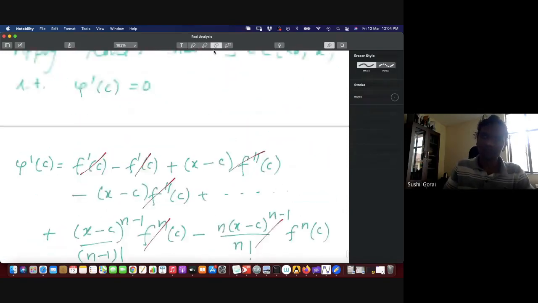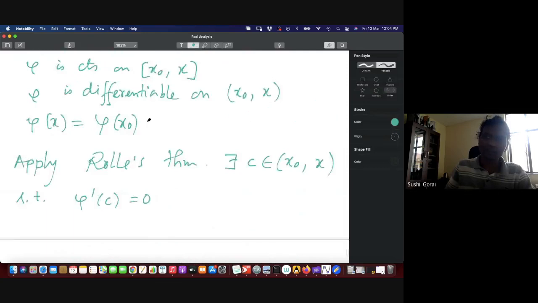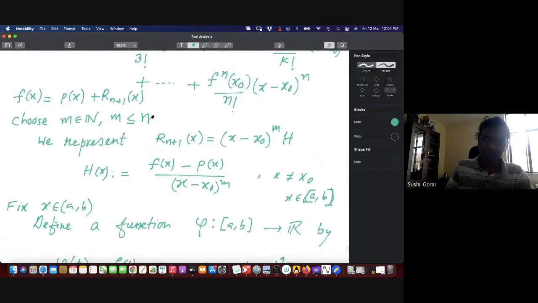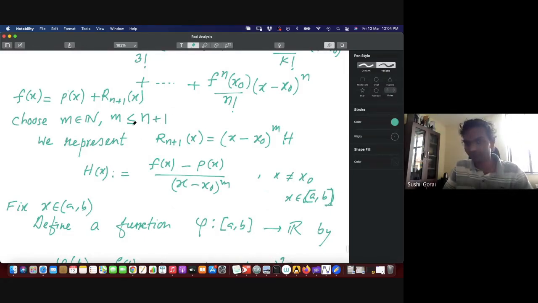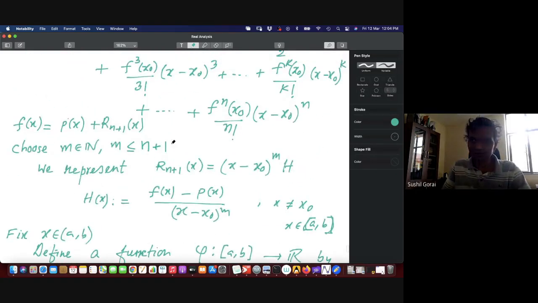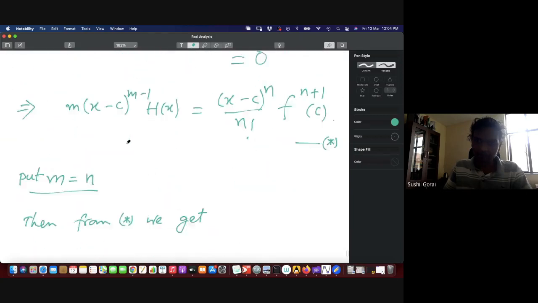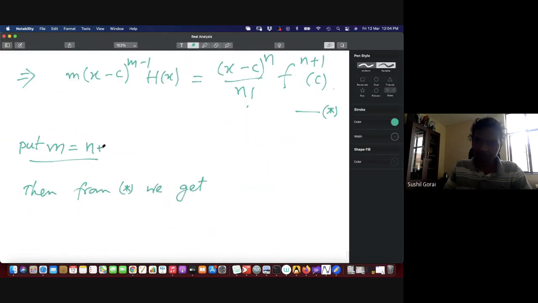So basically we need up to n plus 1, because this is R_{n+1}, the n plus 1 derivative. f has derivative till that order, so we can go till then. So f has n plus 1 derivatives. Yeah, that is true. So we need f^(n) to be n plus 1.